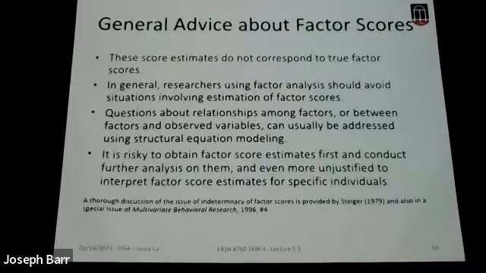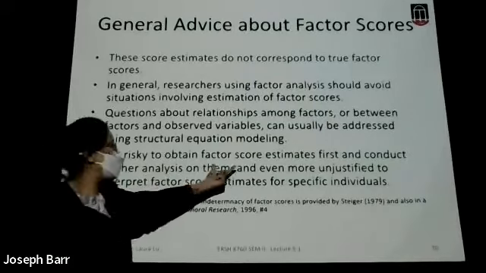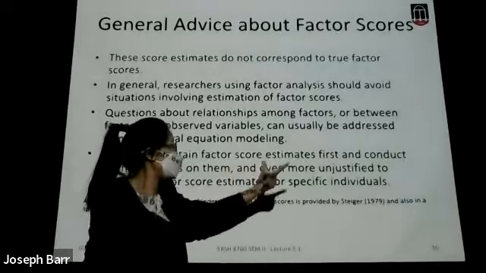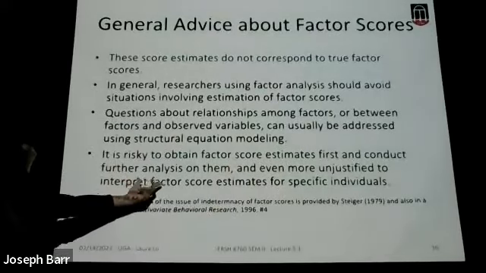It's quite risky to obtain factor score estimates first. But some people just do that. You run the factor scores and then, based on those factor scores, conduct further data analysis. This is kind of risky. So first step, obtain the factor score estimates and then conduct a further analysis on them.